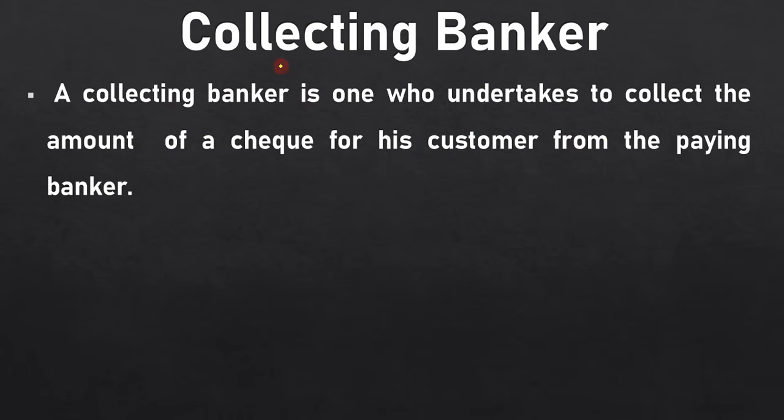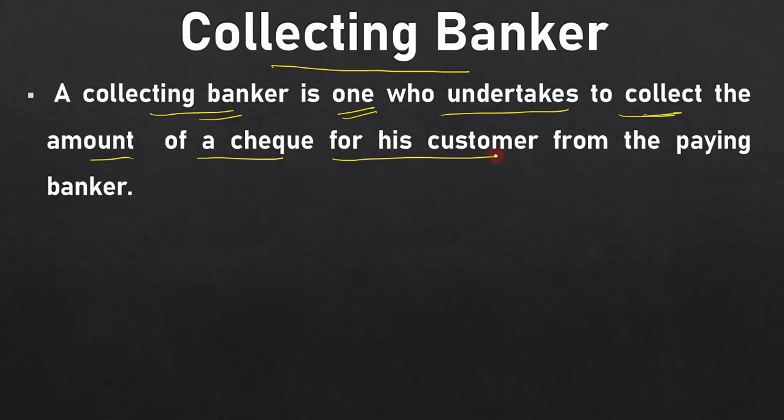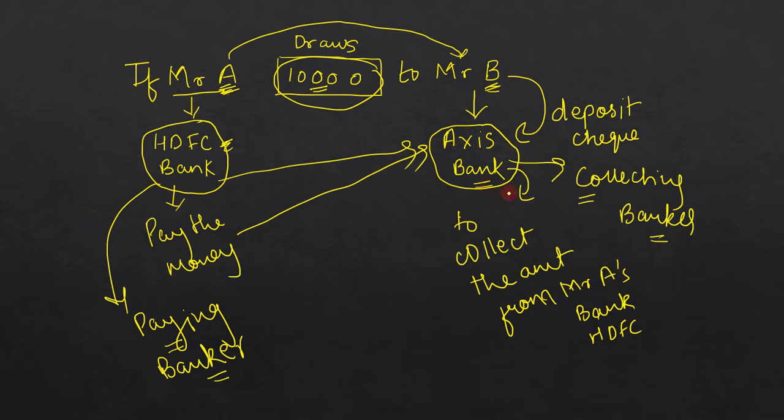Now what is collecting banker? Collecting banker is the one who undertakes to collect the amount of a check for his customer from the paying banker. Here Axis Bank is called as collecting banker.